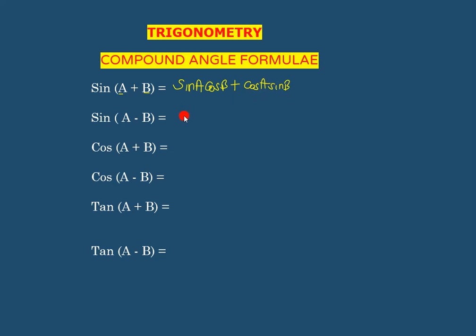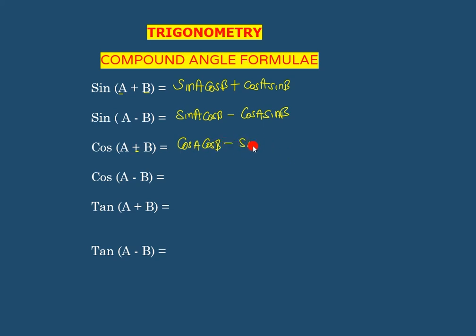Sine of A minus B is equal to sine of A cosine of B minus cosine of A sine of B. When it comes to cosine of A plus B, you have cosine of A cosine of B, and when this one is plus, you have a minus here.